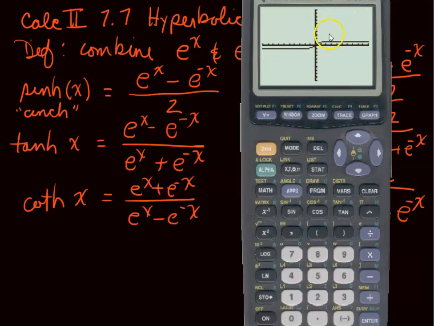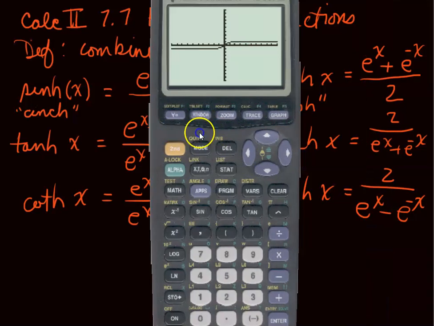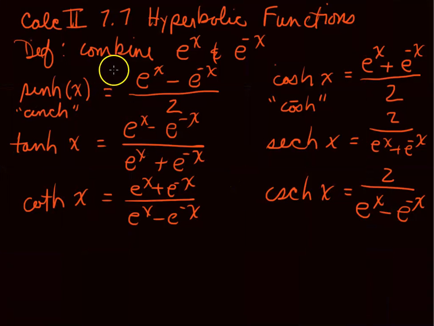It only goes up to 1 and down to a negative 1. It's got an asymptote. So you can get those easily. They are on, let's see, page 426 of our textbook if you need those. But we're not going to focus on those a lot.